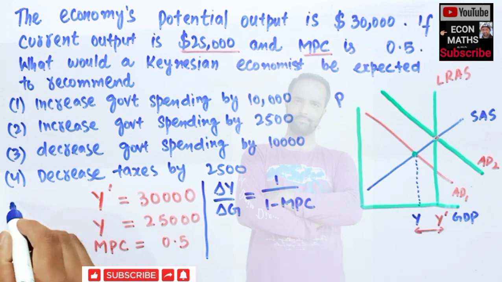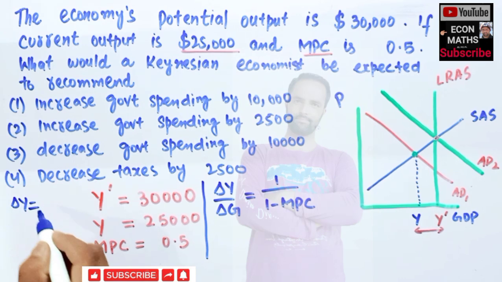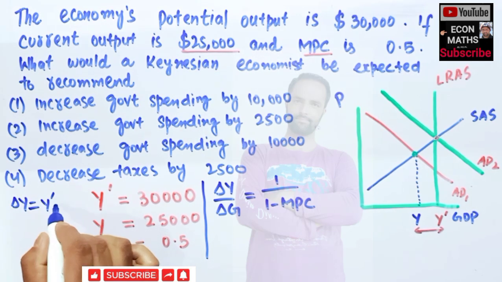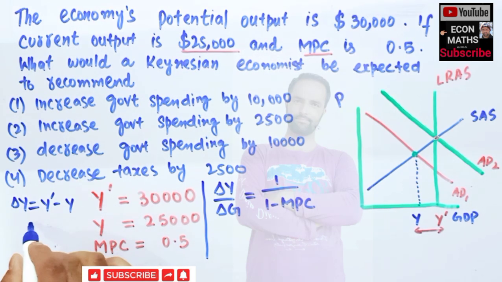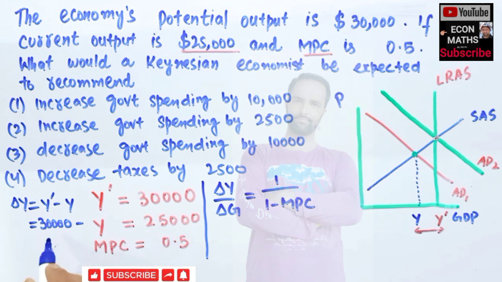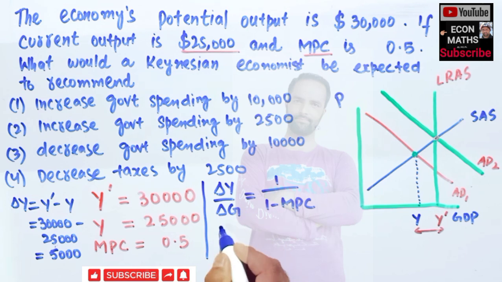And what is change in output? Change in output is simply our potential output minus the actual output. Potential output is $30,000 minus the actual output of $25,000, which gives us change in output of $5,000. So in place of del y we have 5,000.